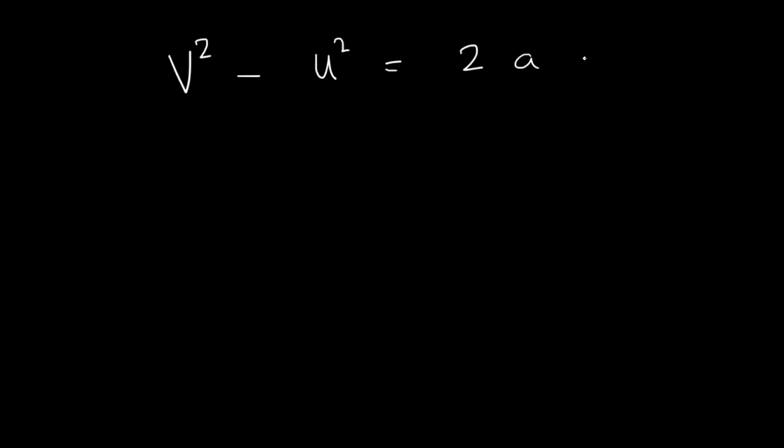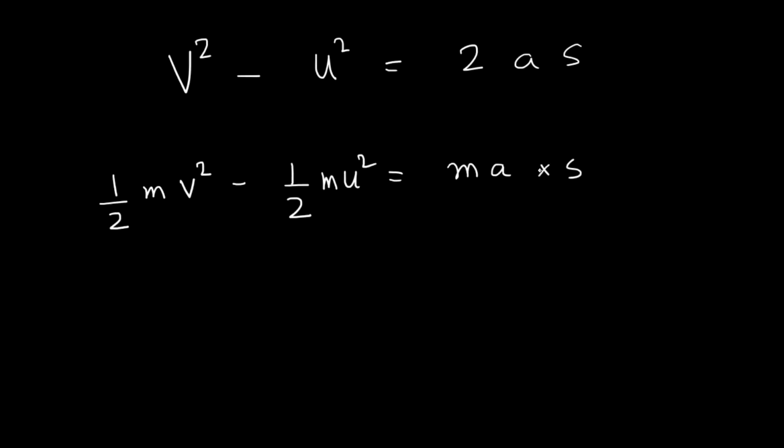Now what we need to do is multiply by half m on both sides. And what you get is m into a into s. Mind you, this is a pure kinematic equation under constant acceleration, and this is just a restatement of the previous equation.